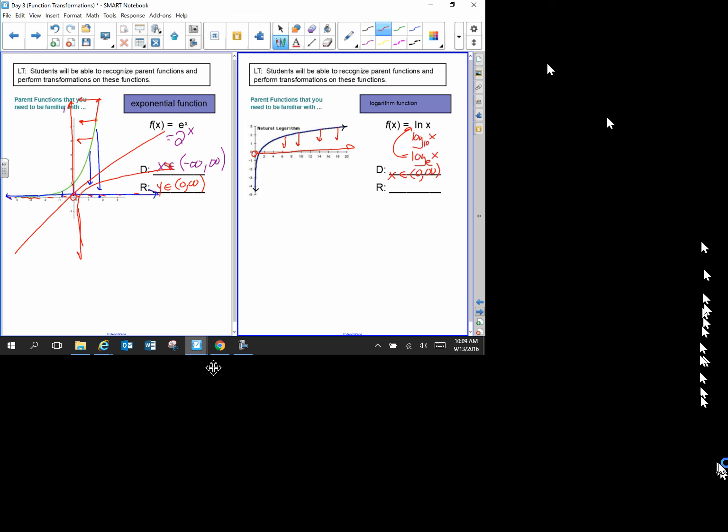And the range, this goes forever high. So when I pull this down to the y-axis, smash it to the y-axis, it's going to go forever high and forever low. It will include 0 on this one too, because I'm pulling that part right there in. All of these points, the whole line gets in there. So it is all real numbers.